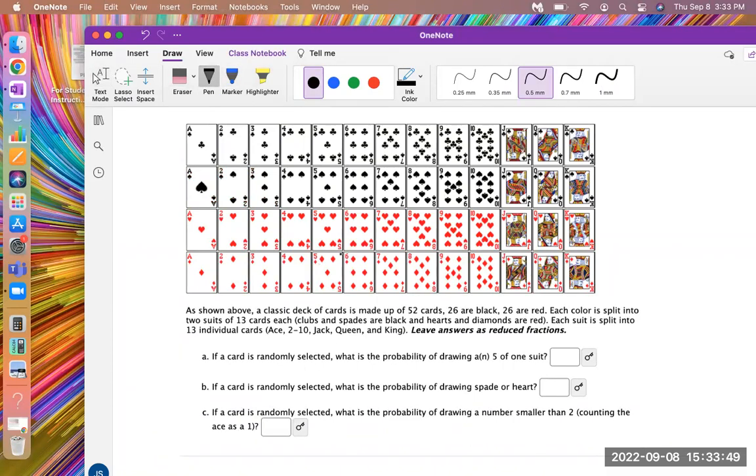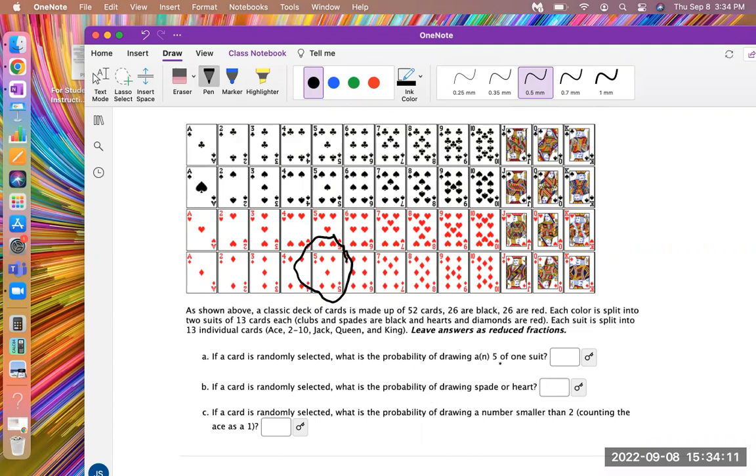Here it is, there's the 5 of diamonds. That's a terrible drawing of it. So that's what they mean by a 5 of one particular suit.